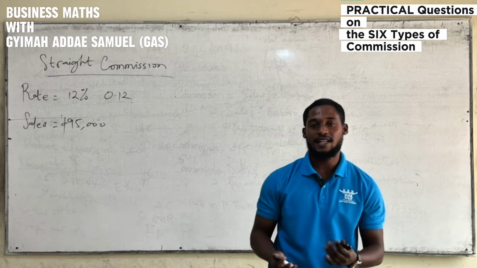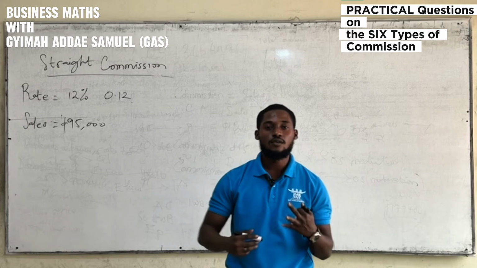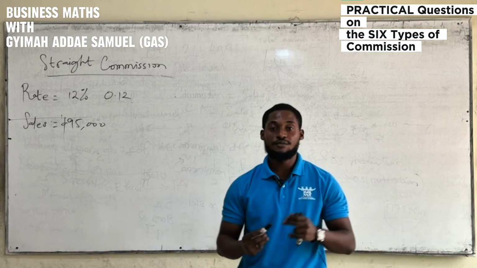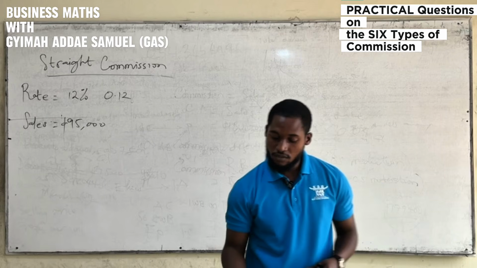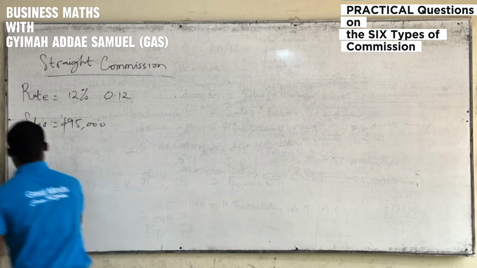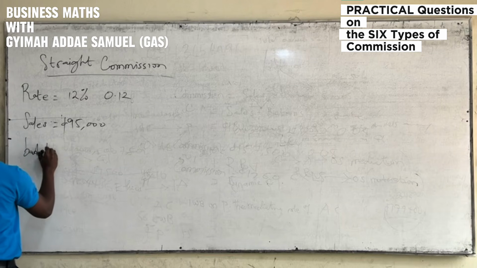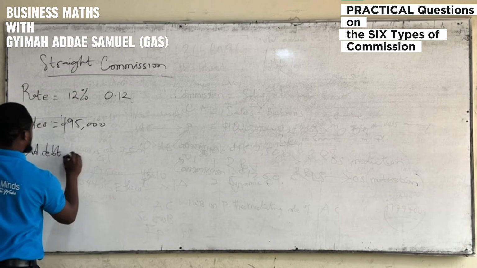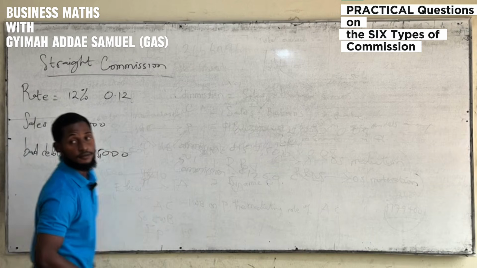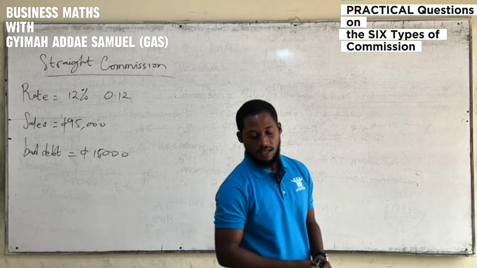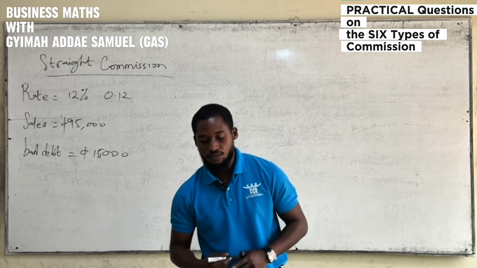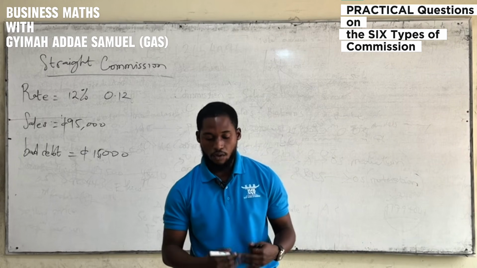When we talk about bad debt, it is money someone owes that they fail to pay. That is what we mean by bad debt. So bad debt was 15,000 Ghana cedis.